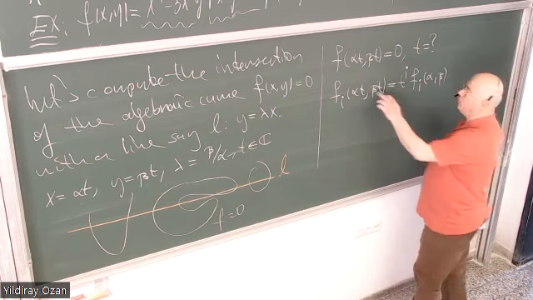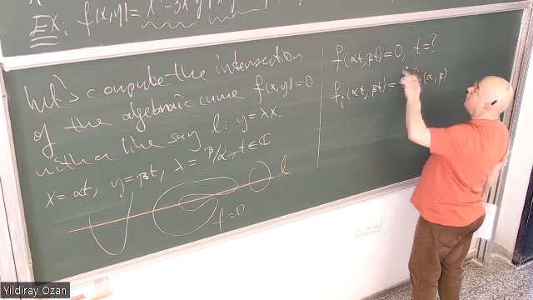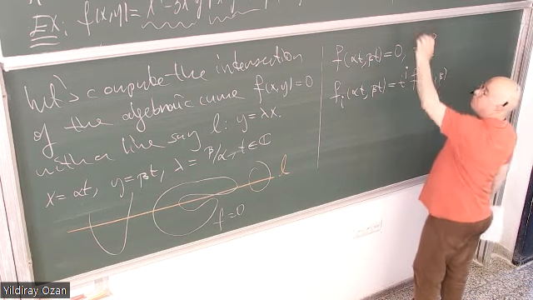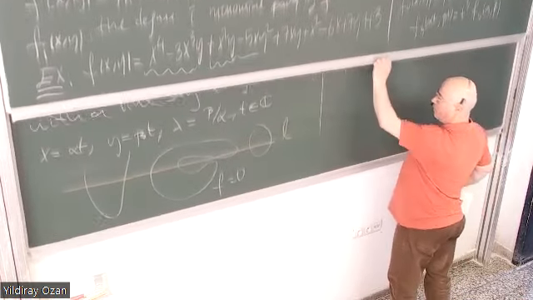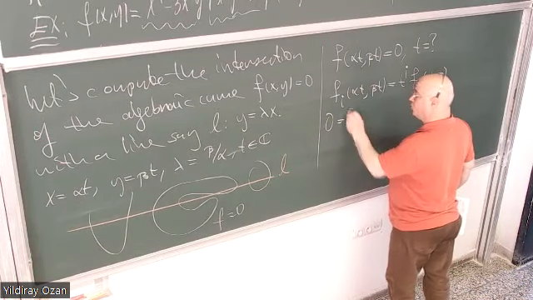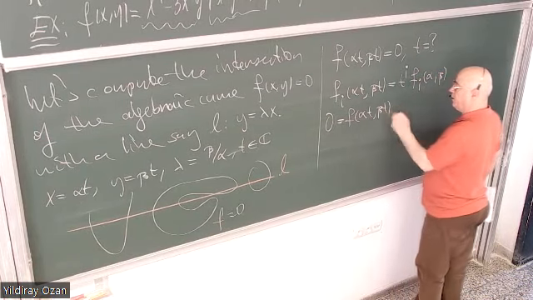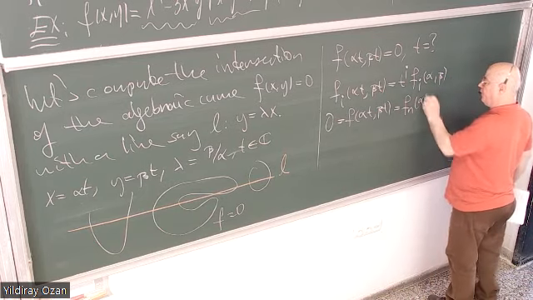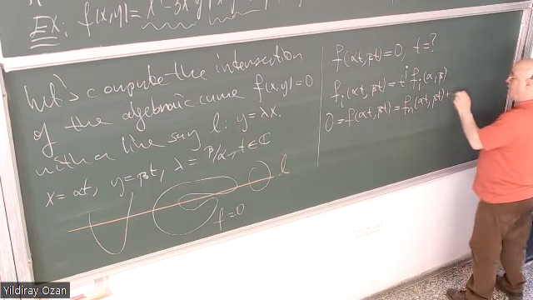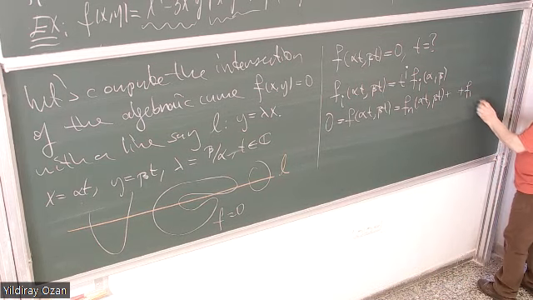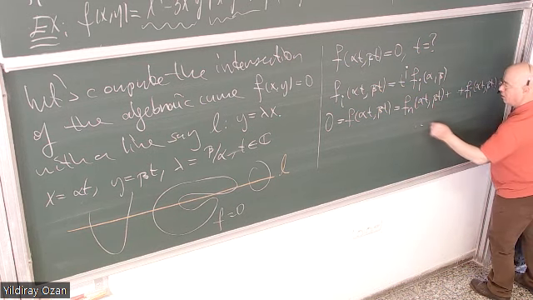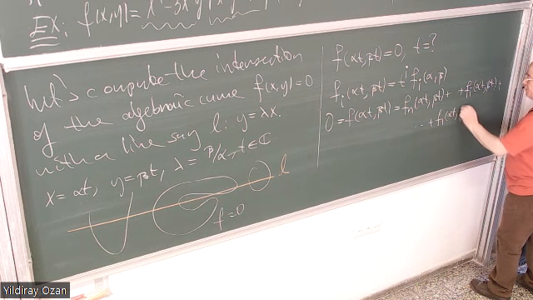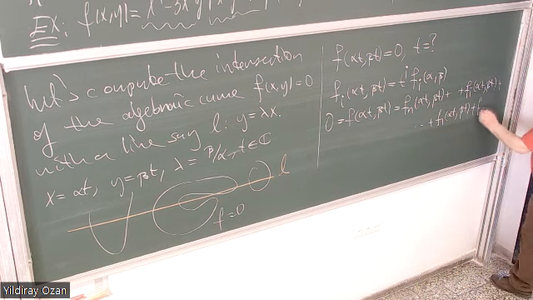So when you plug this into this polynomial, what we will get is 0 equals f of alpha t, beta t. So this is fn of alpha t, beta t, up to fi of alpha t, beta t, up to f1 of alpha t, beta t, and finally f0 of alpha t, beta t.